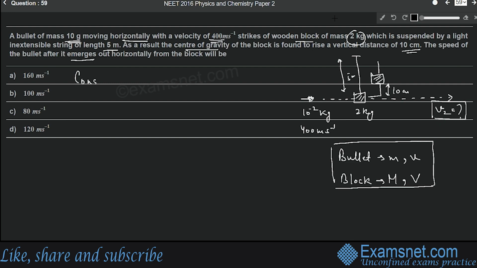According to the conservation of linear momentum, total initial momentum will be equal to total final momentum.